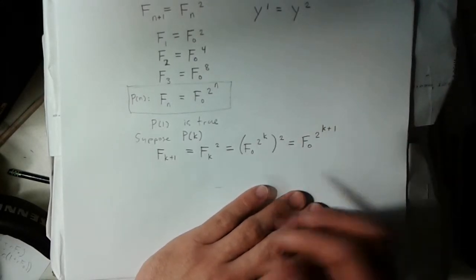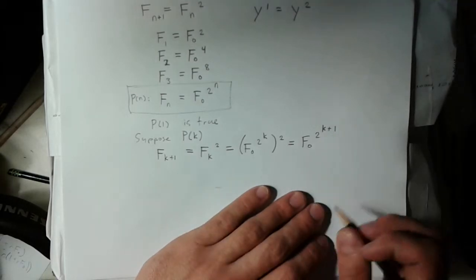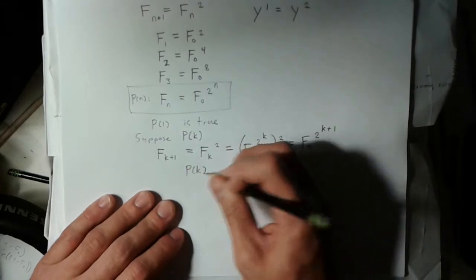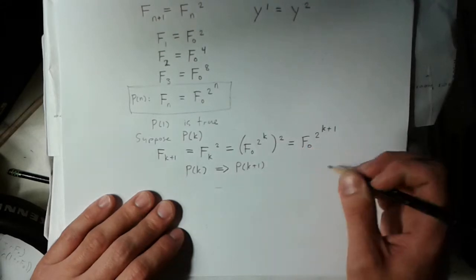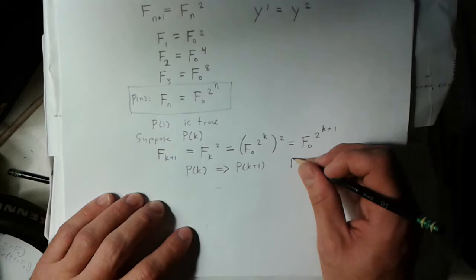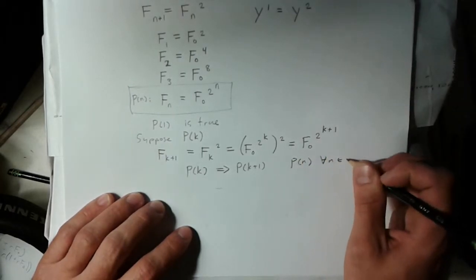And so this statement here, that fk plus 1 is equal to f0 to the 2 to the k plus 1, this is just pk plus 1. So pk implies pk plus 1, which means that since we also had our base case, that means that p of n is true for all n.